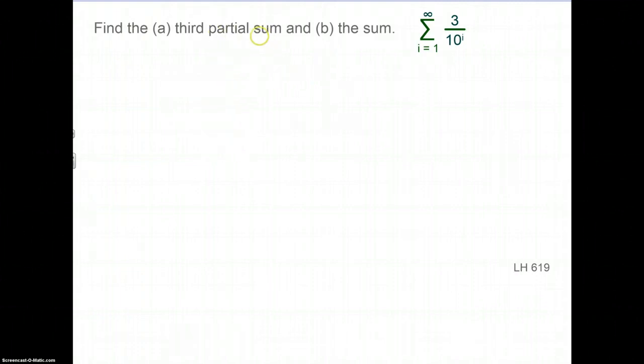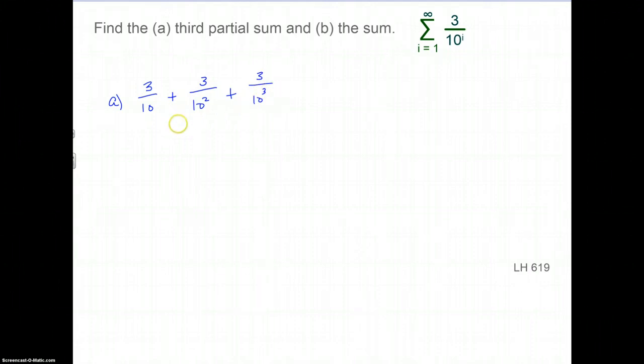The third partial sum means the sum of the first three terms. So here we have a sum. i is going from 1 to infinity. It's an infinite sum of 3 over 10 to the i. So let's take our third partial sum. Our first term is going to be 3 over 10, our second term is 3 over 10 squared, and our third term is 3 over 10 to the third.